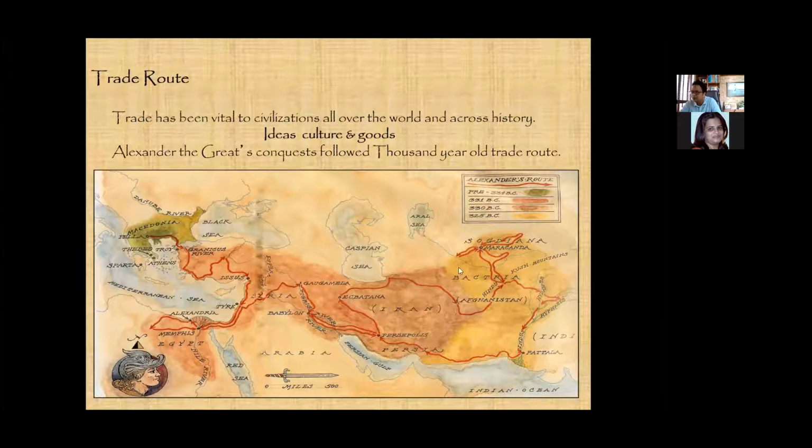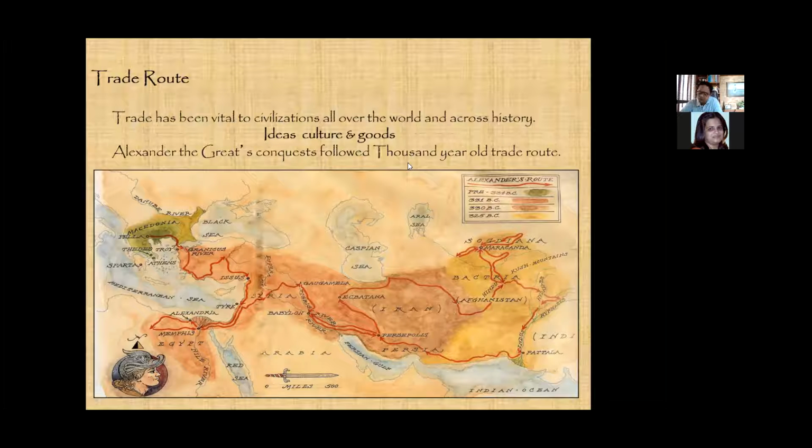There is also this place called Bactria around Afghanistan. Do you know who must have used this route specifically to travel to India? Well, there are many people, but who? Alexander the Great, absolutely. He used this route for his conquest.